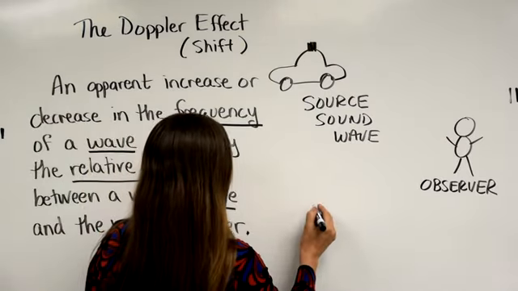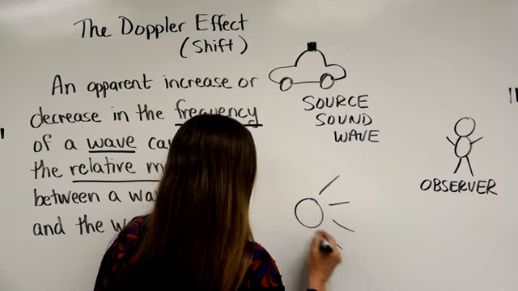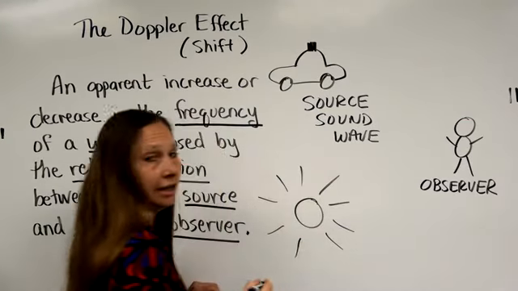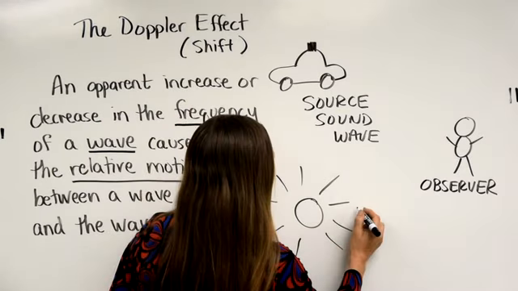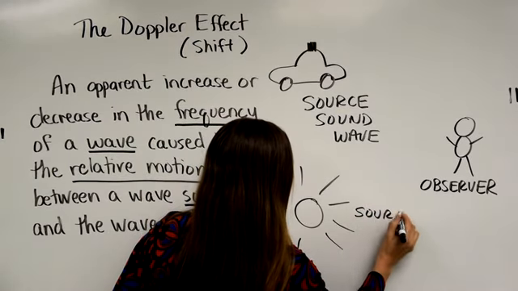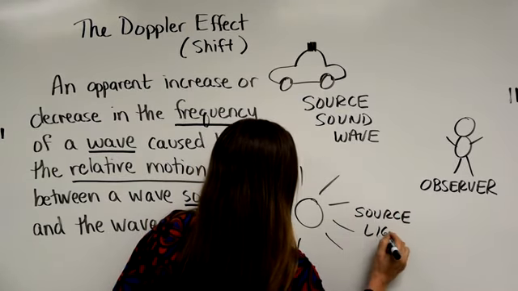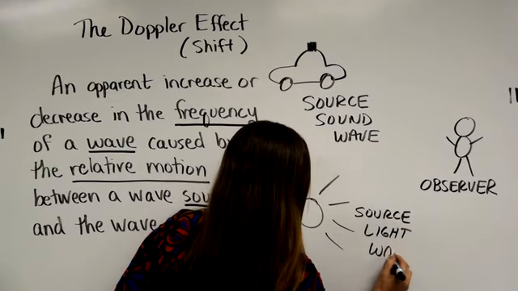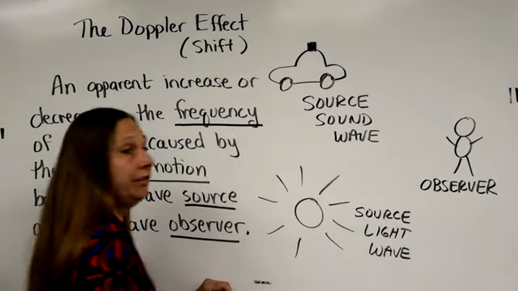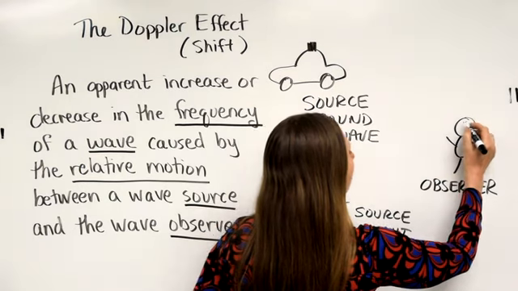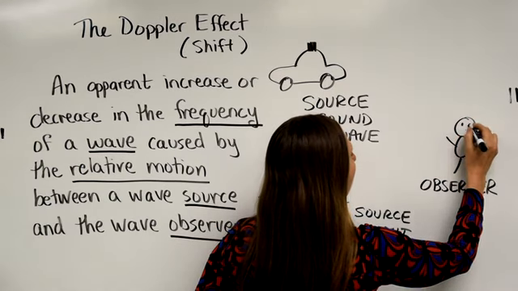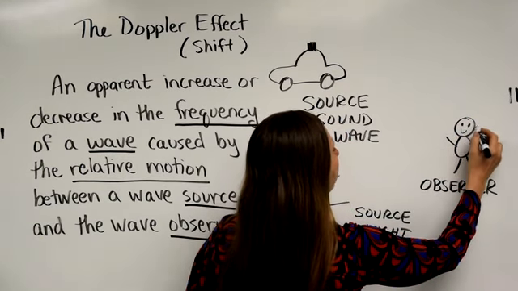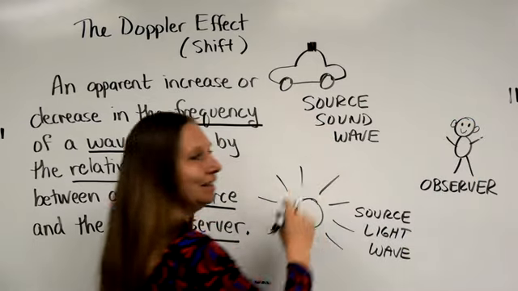Now, a source of a light wave could be a star. The star gives off light. The star is a source of a light wave. And the observer can look at the star with his eyes, or, I guess he needs ears if he's going to hear the sound wave.